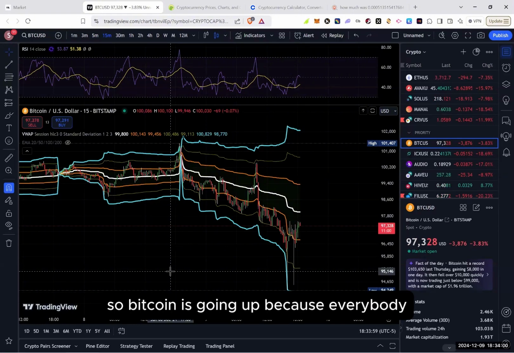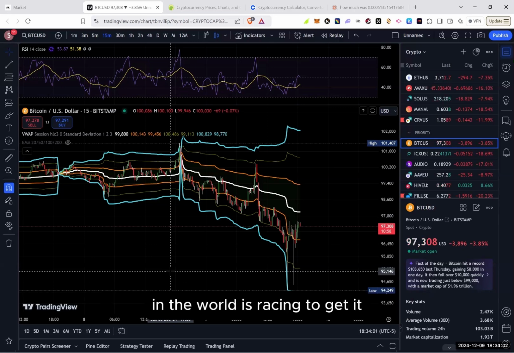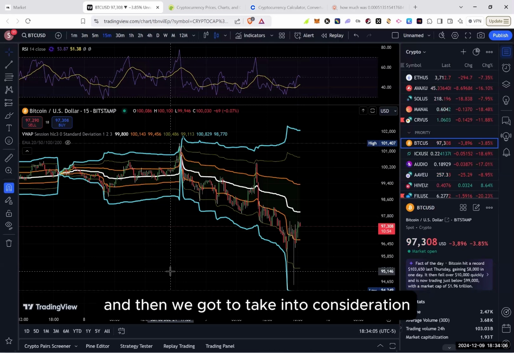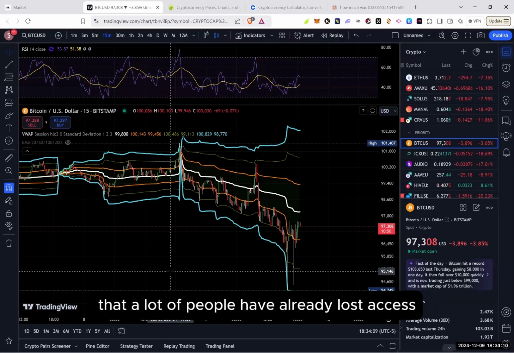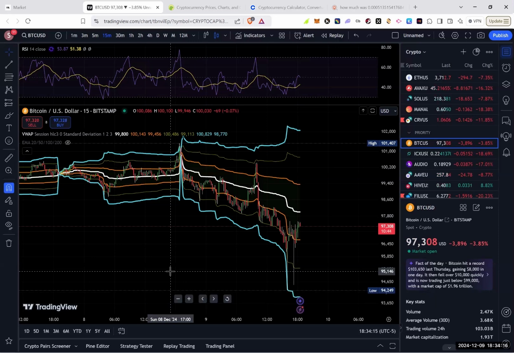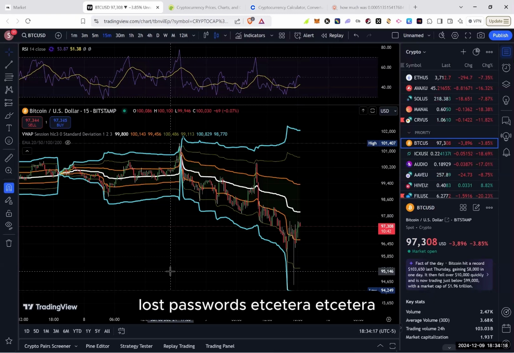So Bitcoin is going up because everybody in the world is racing to get it because it's only so much. And then we have to take into consideration that a lot of people have already lost access. They can't get back into their wallets. They've lost passwords, et cetera. So a lot of Bitcoin just can't be moved.